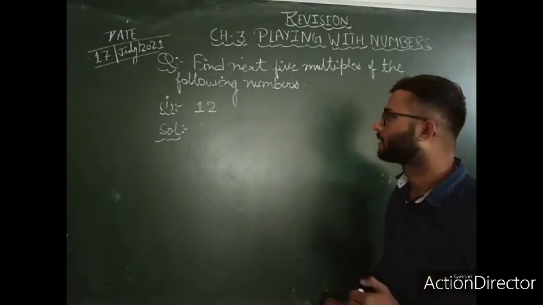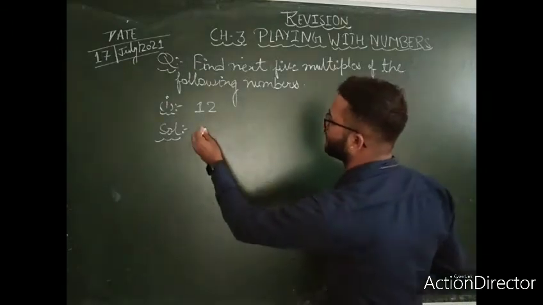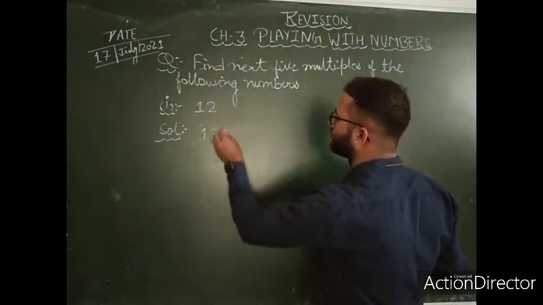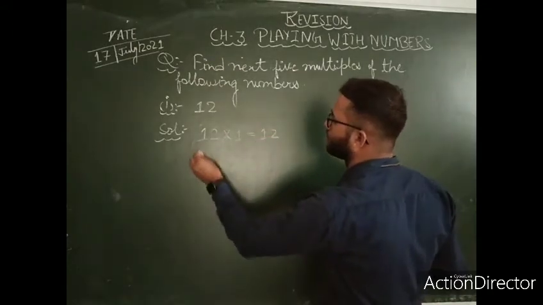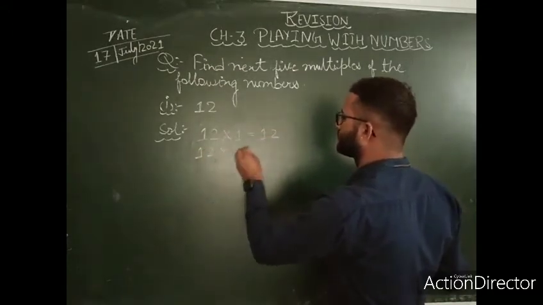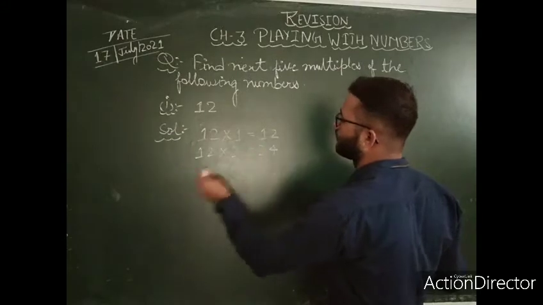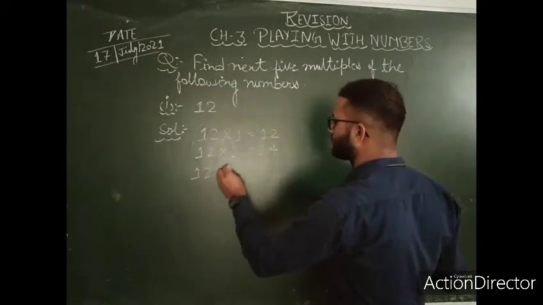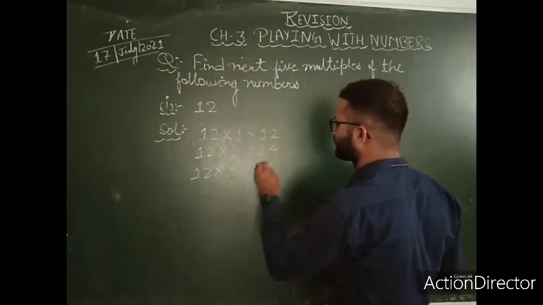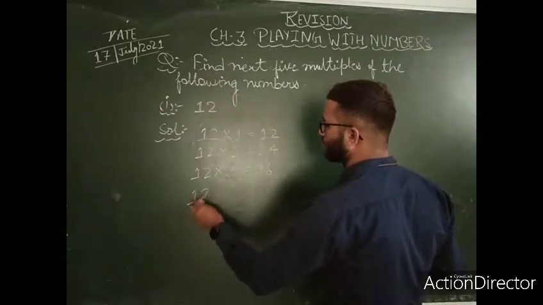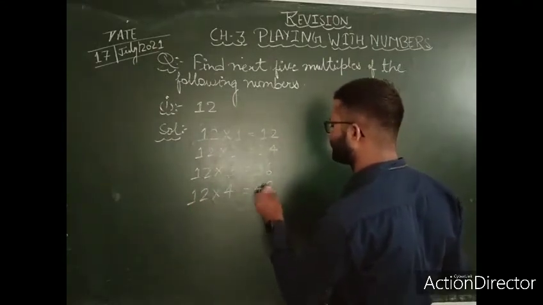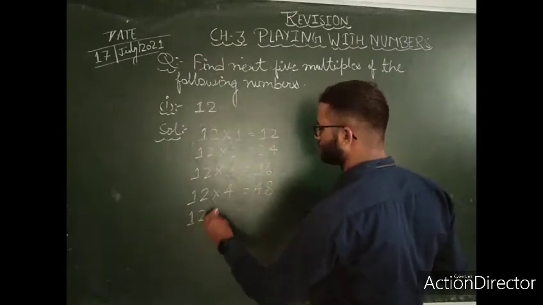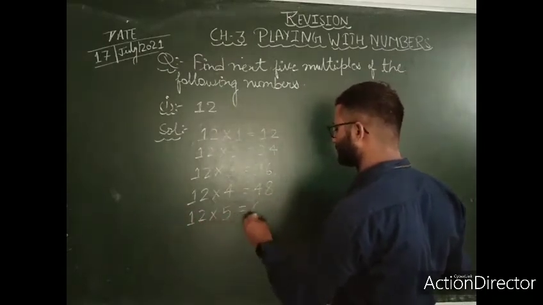Start from 1, so 12 1s are 12, 12 2s are 24, 12 3s are 36, 12 4s are 48 and 12 5s are 60.